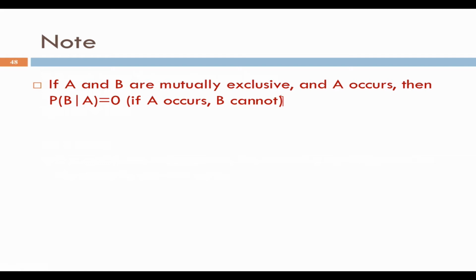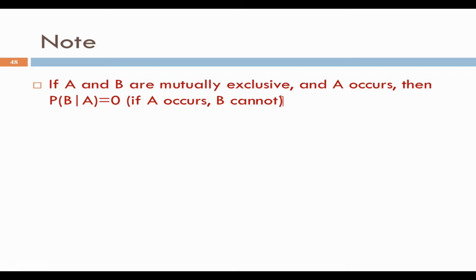Because if you think about it, this conditional probability is a ratio, and the numerator is the probability of their intersection. By definition, if A and B are mutually exclusive, their intersection has probability 0. So mathematically, it makes sense. It's just 0.